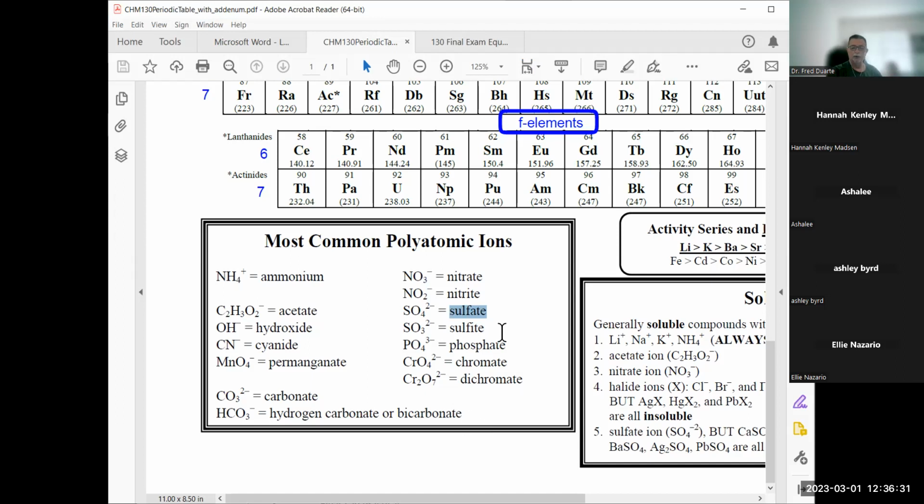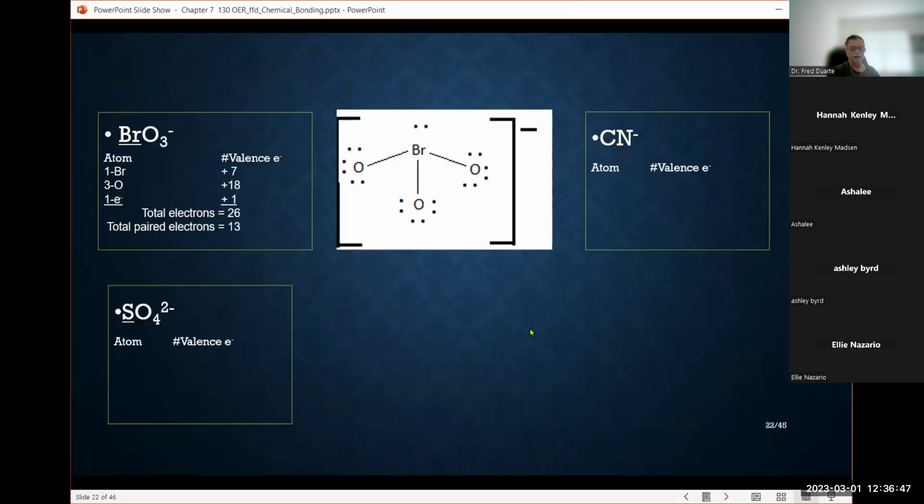What value are we going to add to the valence electron count? As a -2, what do we add? The one we just did had a -1 charge. What do we add? A +1. So if it has a -2, what do you think we're going to add?